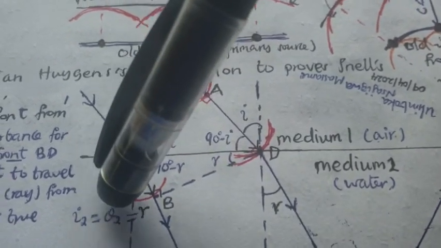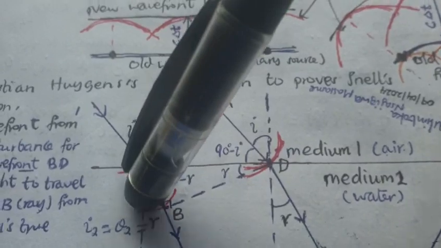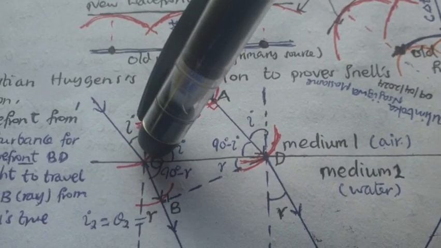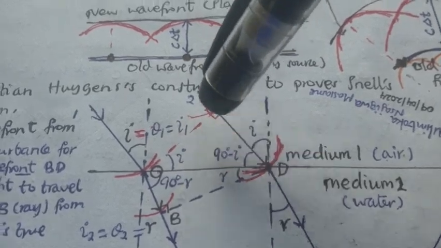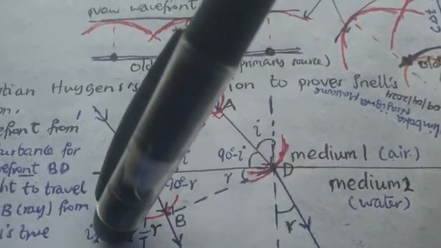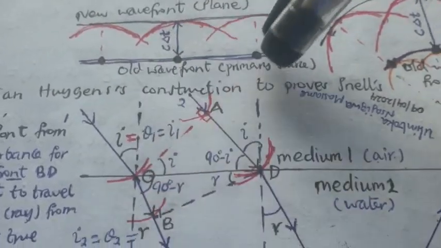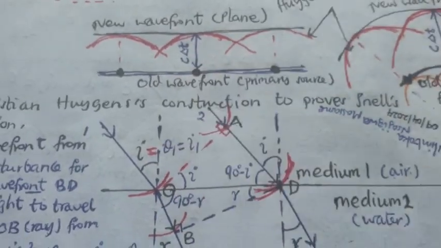The line drawn from the first spherical wavelet at point O and the second spherical wavelet at point A forms a plane wavefront.